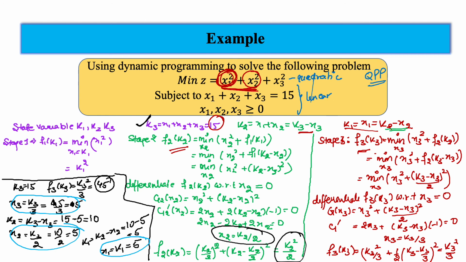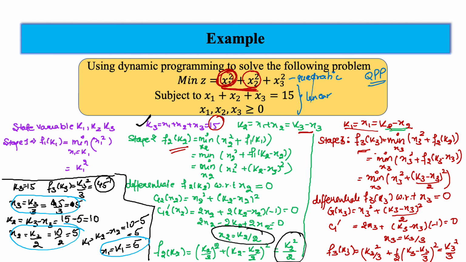This simple illustration shows how we can solve a non-linear optimization problem using the dynamic programming approach. We first define state variables k1, k2, k3 depending on the number of variables in the problem, and then we find stage 1, stage 2, stage 3, depending upon the number of variables. We find the solution of each stage and utilize it for the next stage.